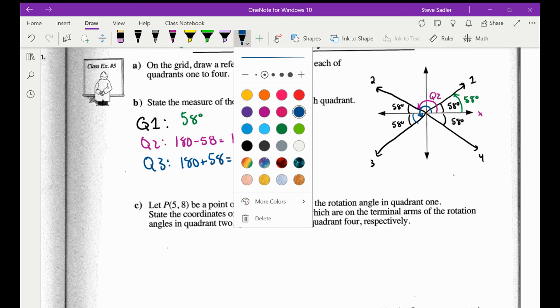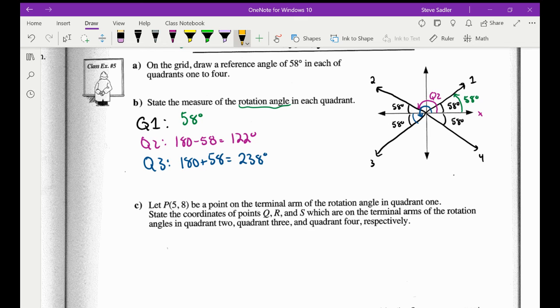And then the last one, let's go with, I don't know, yellow maybe. The last one is going to be the rotation angle for quadrant 4. So I'm going to just erase that. If I'm doing that for quadrant 4, I'm going to go all the way around to there. So this is 270 here, 180.